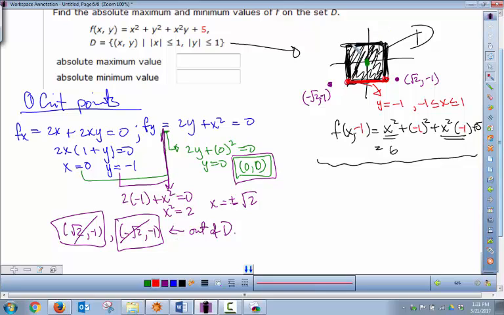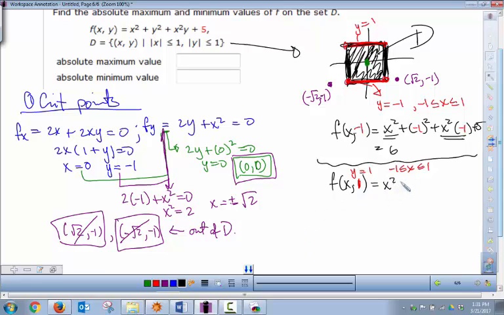Let's try another boundary over here. Let's try this boundary up here. This is your boundary y is equal to +1. So we'll do the same thing, f of x comma +1, and we're looking at these values between -1 and 1.